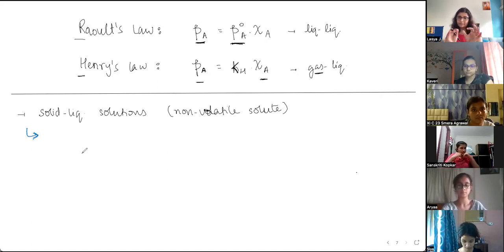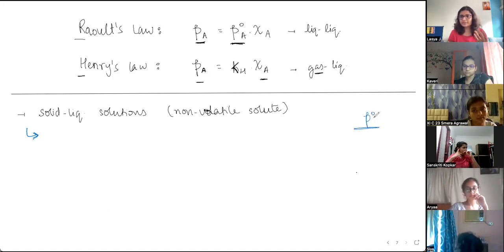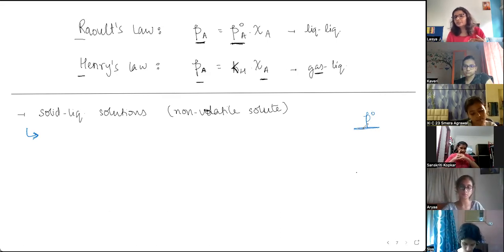So the total vapor pressure of the solution is falling somewhere between P1 naught and P2 naught, in that range. Now for solid liquid solutions the liquid will have a P naught, like its own vapor pressure of the solvent, the liquid that's solvent. So what do you think will happen to this vapor pressure when you add a solute to it?